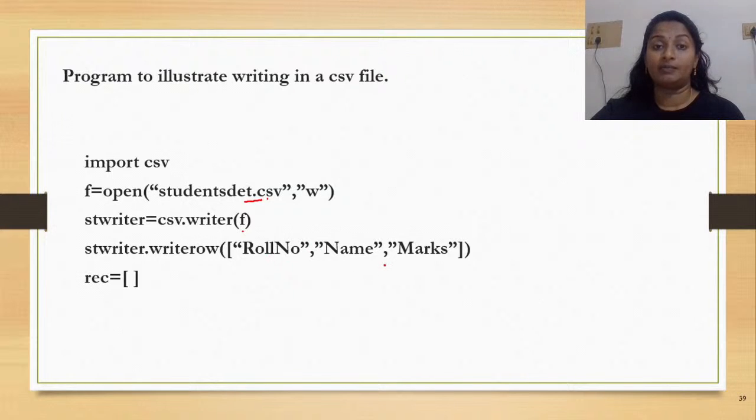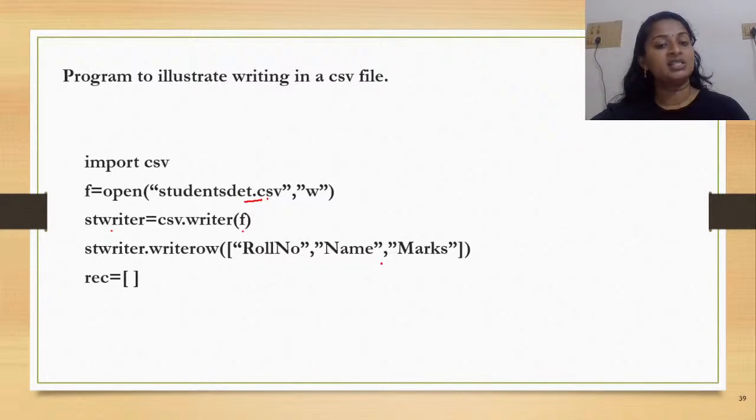So this is our heading. How do you write the heading? It is a single row of information, so we just need to use writerow. We have the writer object dot writerow, and inside this you need to specify the list.